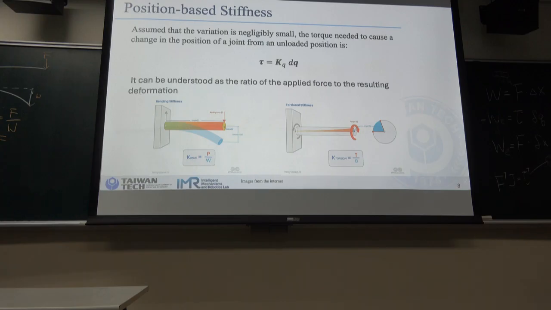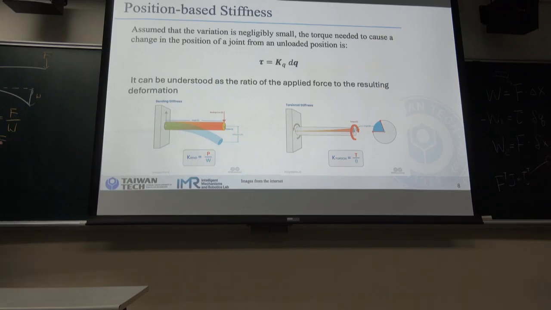If we apply a force and this K is very, very large, our deformation will be very, very tiny. That means that if you have a very large stiffness, then when we apply a force, the deformation will be very small. So this is the definition of stiffness.